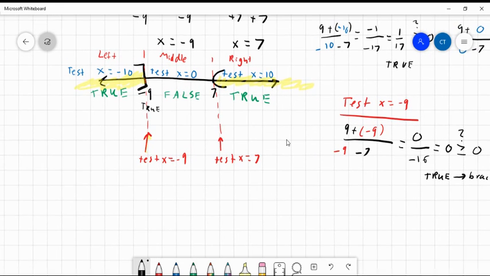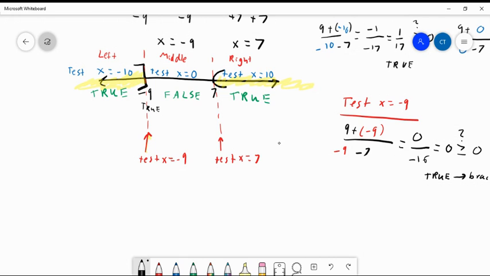We are very close to writing your answer. For this first region, it is shaded forever to the left. In other words, it is shaded all the way to negative infinity. So the shaded region starts at negative infinity. We're going to put a comma, and then this first shaded region ends at negative 9. Infinities always have parentheses when you use interval notation. This negative 9 was true when we tested it, so it gets a bracket.